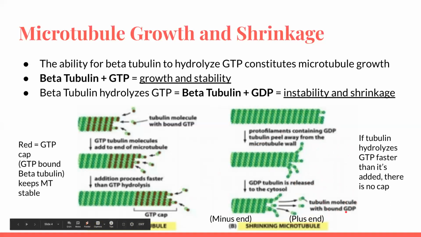This still is happening at the plus end, and basically think of it as going from the plus end, shrinking down to the minus end. We put the little labels here, but where it's peeling away is the plus end, and where it's adding is also the plus end. And if tubulin hydrolyzes GTP faster than it's added, then there's no cap, which also leads to instability and shrinkage of the microtubule.